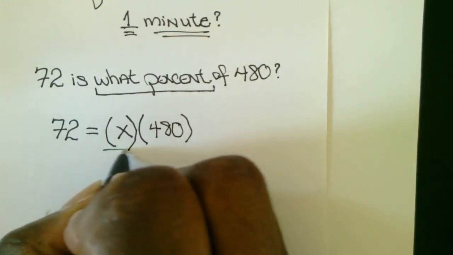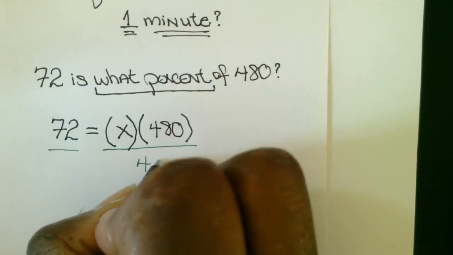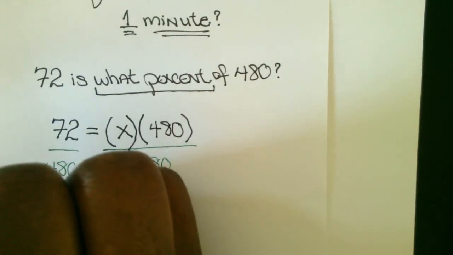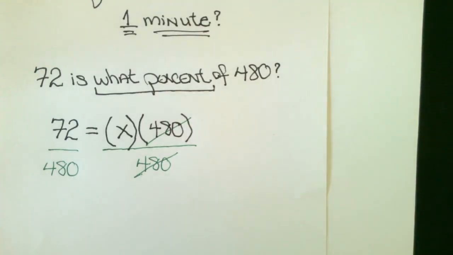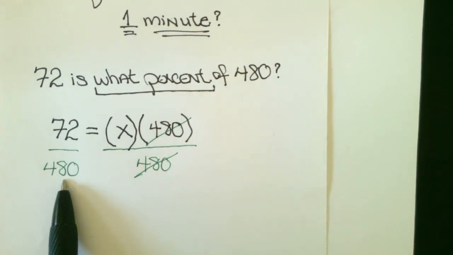So the inverse of multiplication is division. So now we basically have 72 divided by 480.